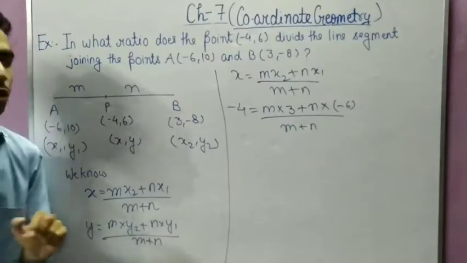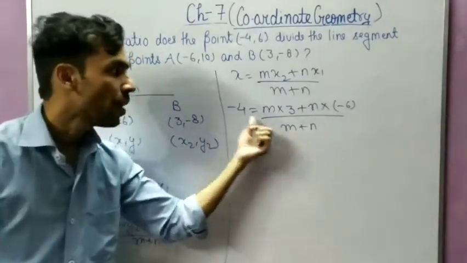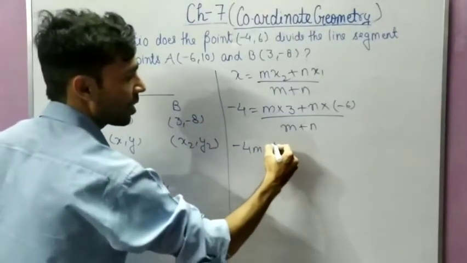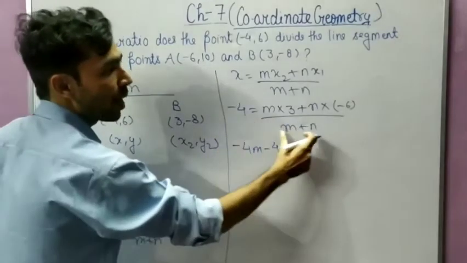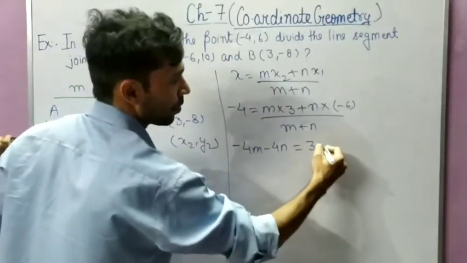Now, student, you cross multiply this m plus n to this side. When it multiplies to this side, it will come -4m minus 4n, because -4 will multiply to both, equal to 3m minus 6n.